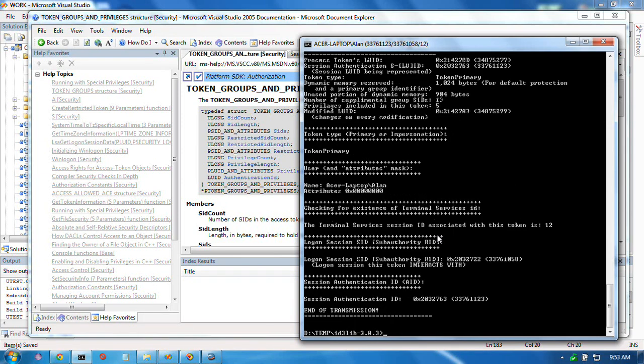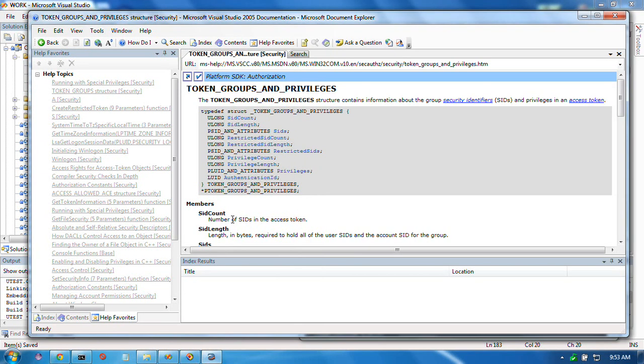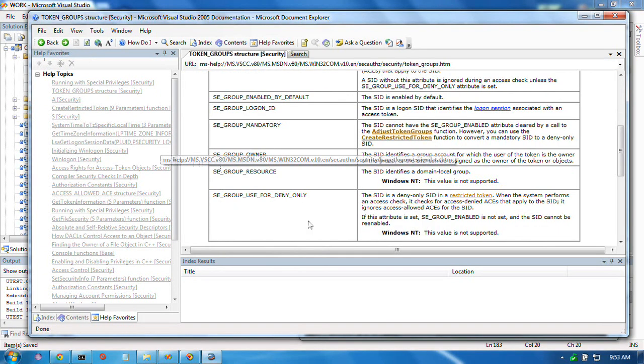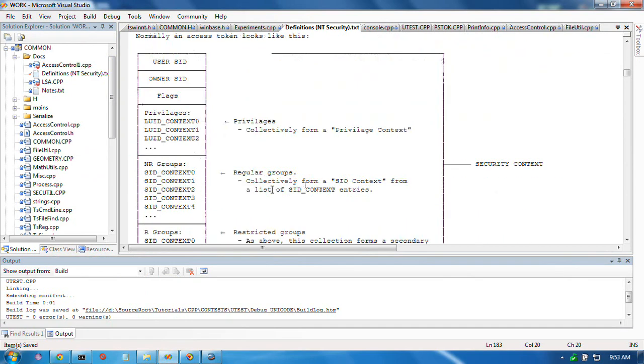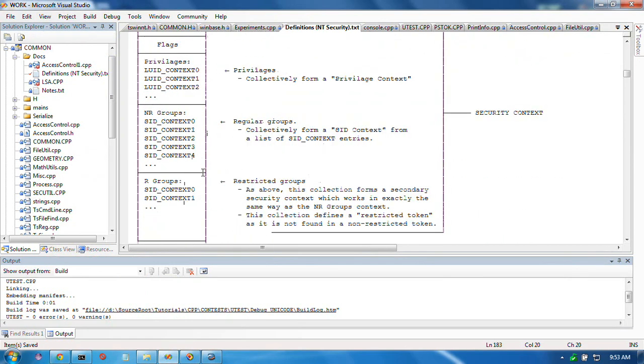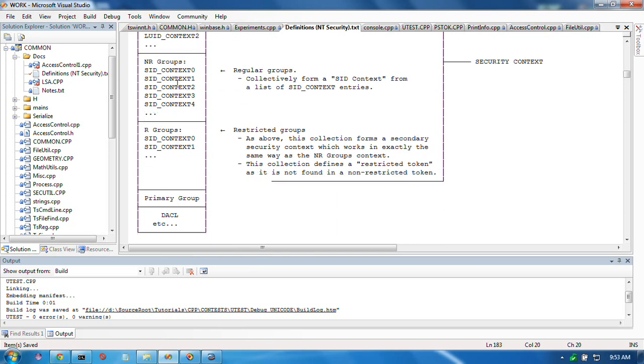And the reason is how the thing works. This is how it works. There's the two lists, okay? And you're trying to access some file. So forget about privileges. Here we've got list 1 and list 2.